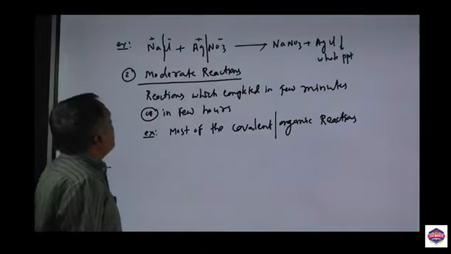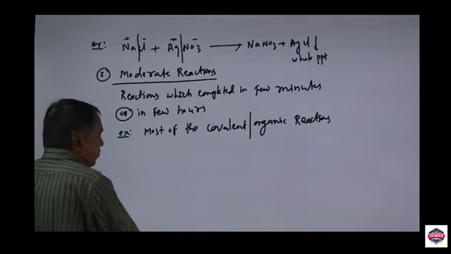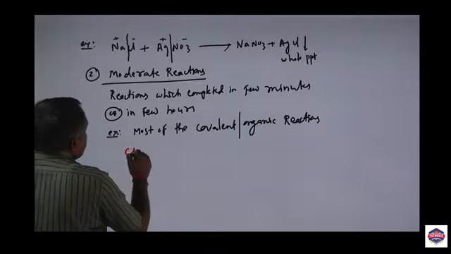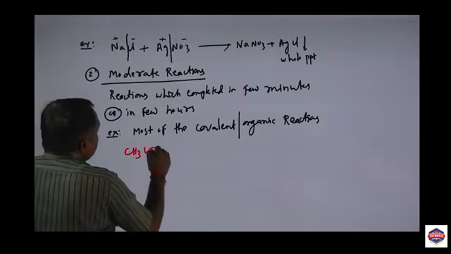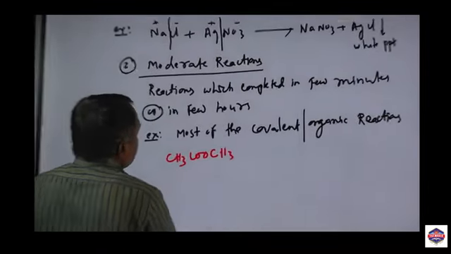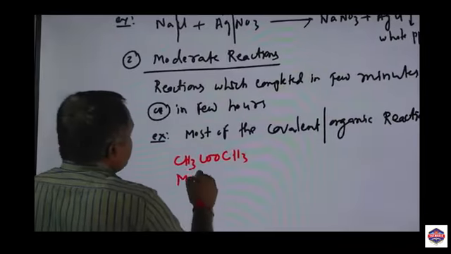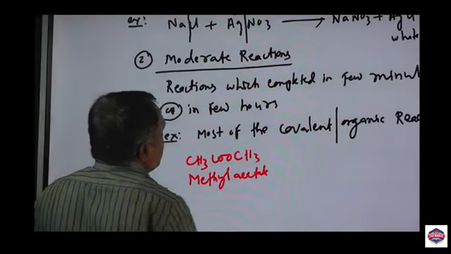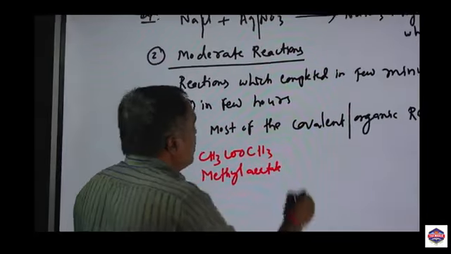Why are these moderate reactions? For example, if you take CH3COOCH3, this is methyl acetate. It is an organic compound, a covalent compound.